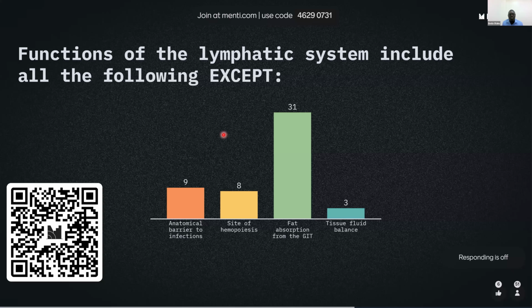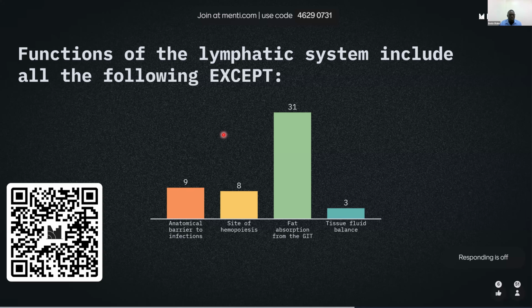That cannot be a function of the lymphatic system. Yes, the lymphatic system will have the white blood cells, but they engage in mechanisms which are not necessarily anatomical barriers. They could be cellular barriers, or they could be largely part of the adaptive immunity, but not anatomical barriers.